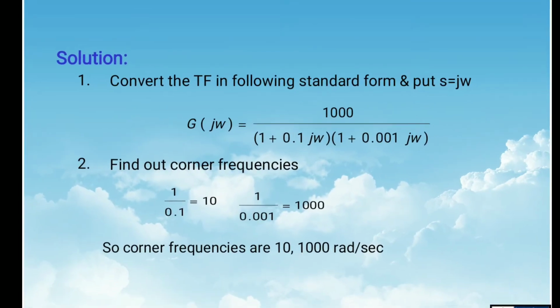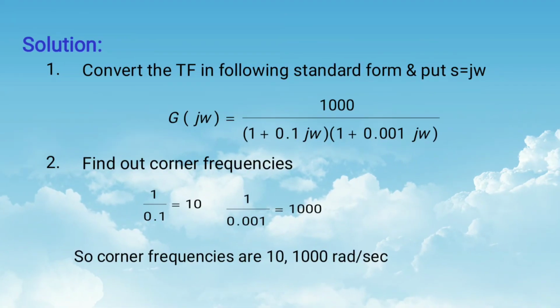So first of all, we have to convert the G(s) equation into G(j omega) by replacing s by j omega. So the equation becomes G(j omega) equal to 1000 divided by (1 plus 0.1 j omega) (1 plus 0.001 j omega).